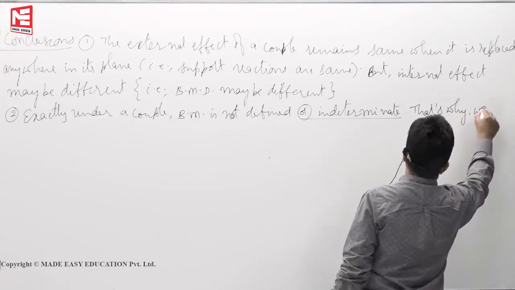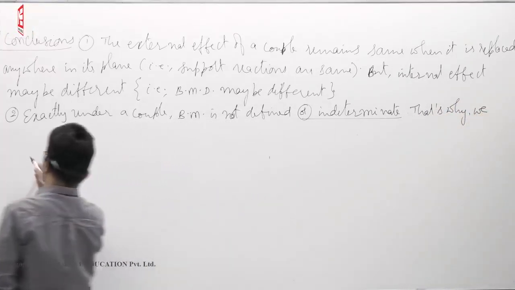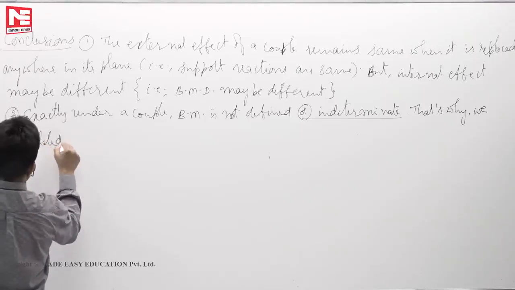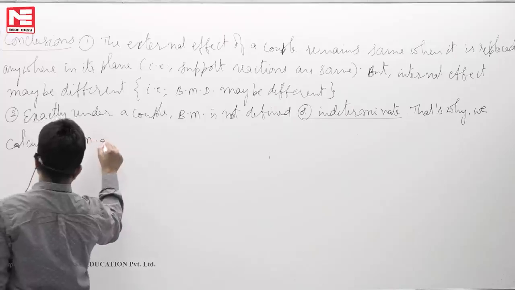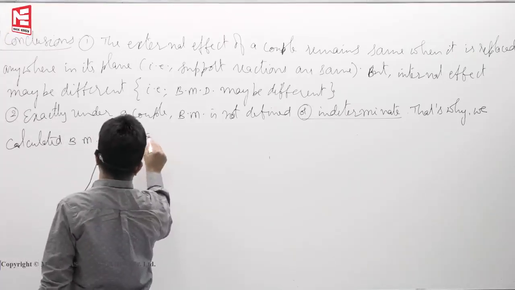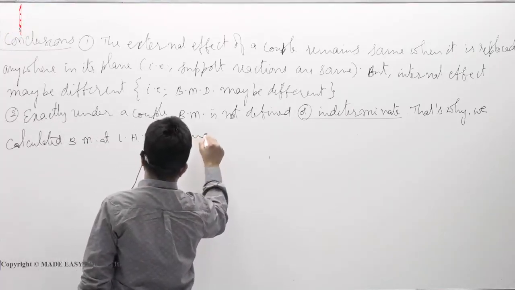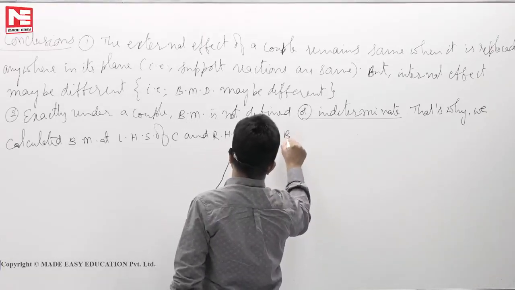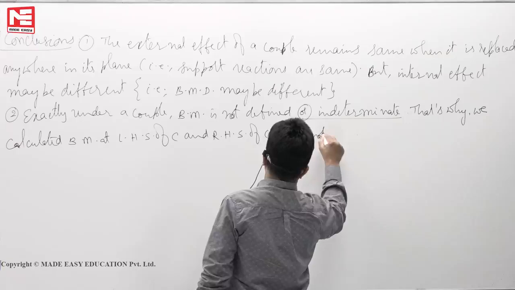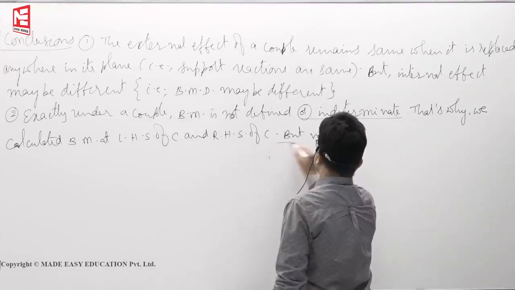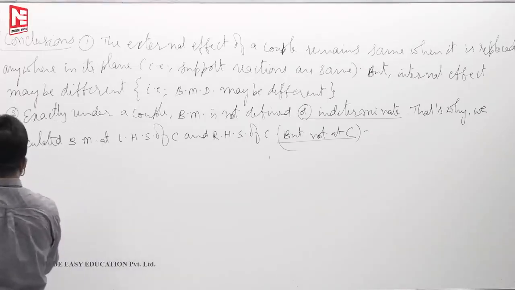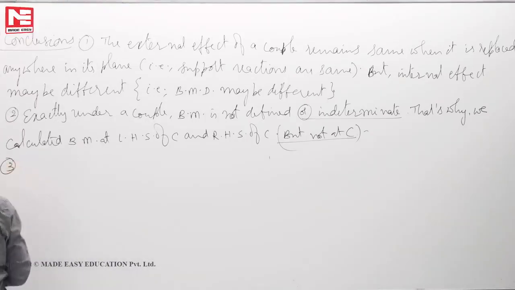That's why we calculated bending moment at LHS of C and RHS of C, but not at C. Okay, this from strength of materials, sir might have told you already.